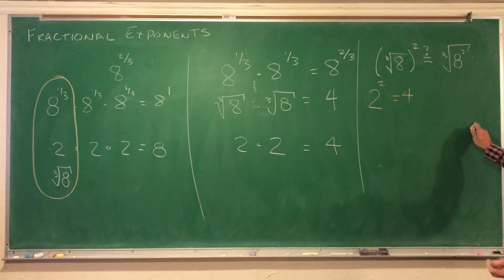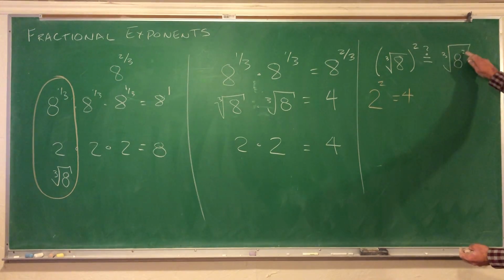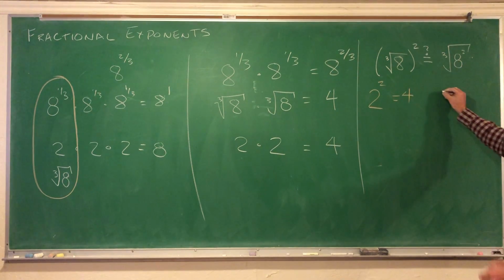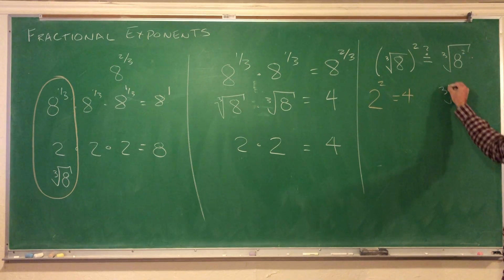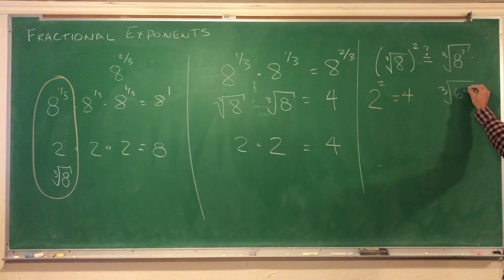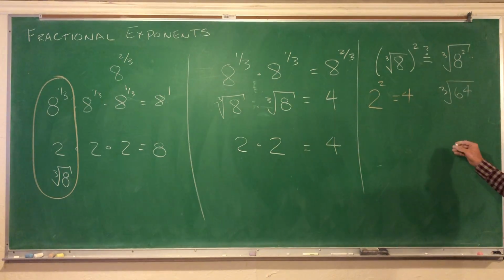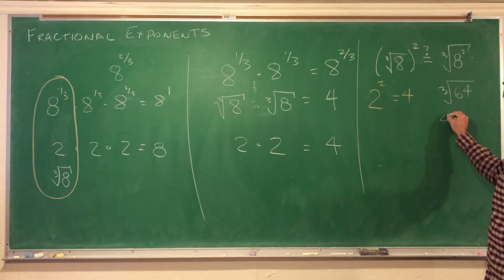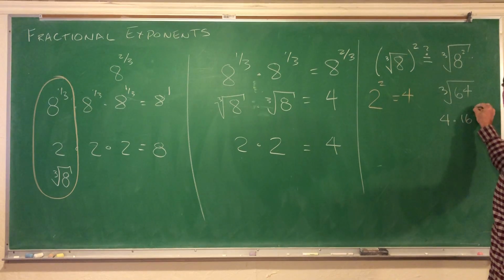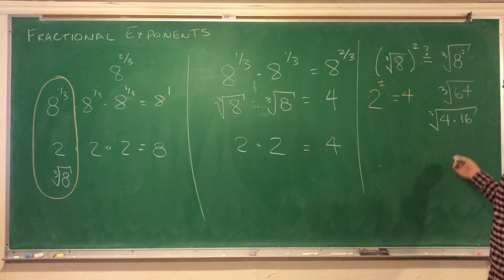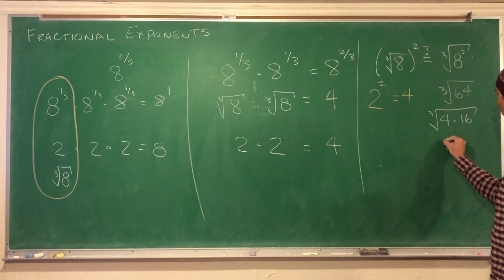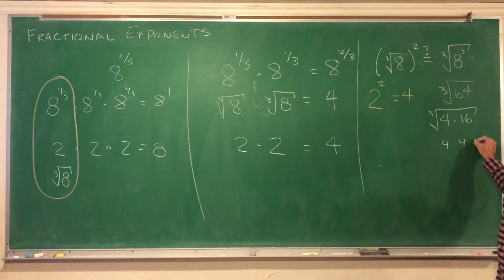Okay, so we'll follow order of operations as we do the parentheses and exponents first. So it's going to be the cube root of 64. So now we need to factor this one. So how about 4 times 16? And we can do that one. 4 times 4 times 4.